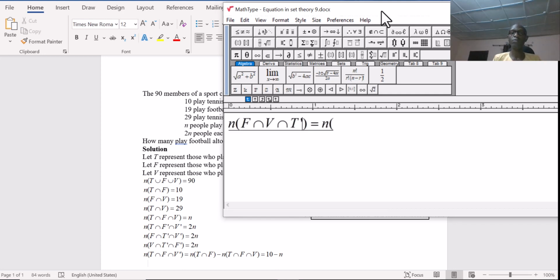So we put that complement. So this one will now be F intersection V minus T intersection F intersection V. So that is 19 minus N.